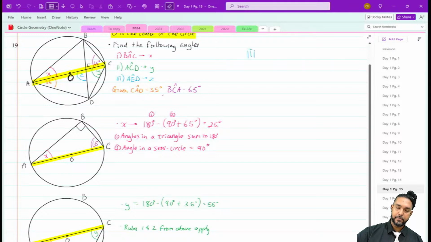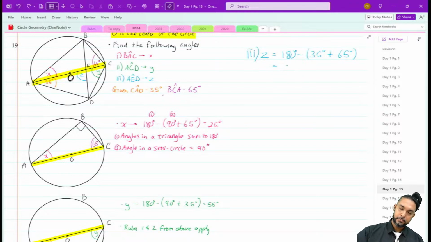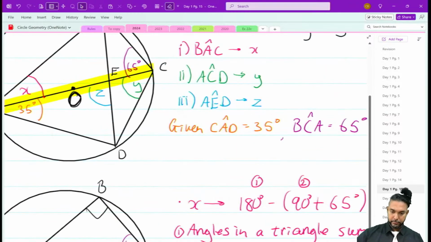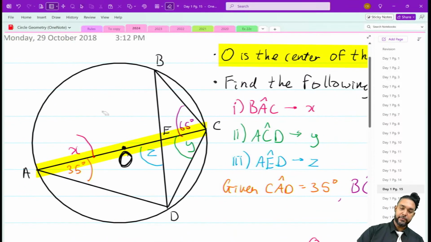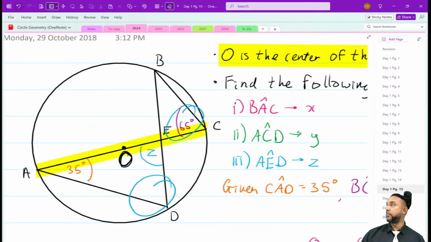So 3. To find Z, I would say 180 minus 35 plus 65, which is 100, and 180 minus 100 is 80 degrees. If I take off these lines here, this angle here and this angle here are equal.